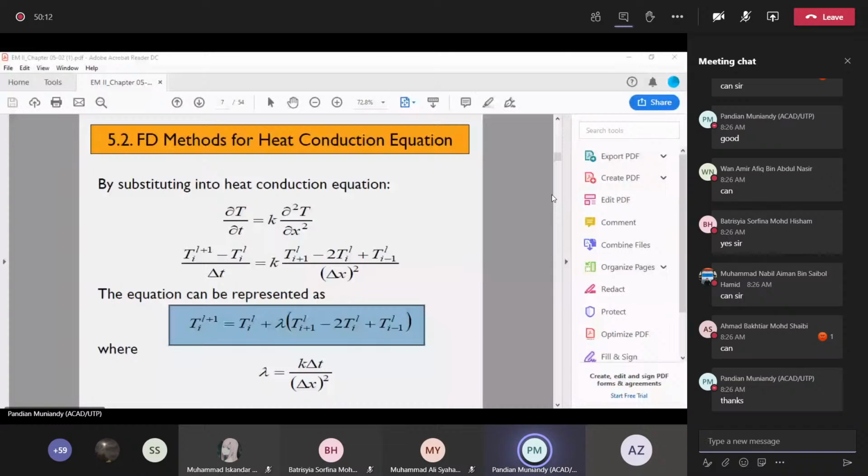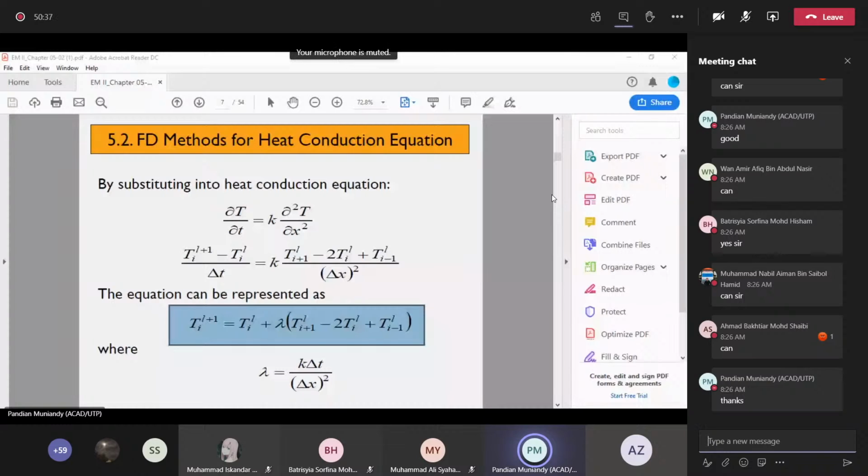So this equation looks nice, very elegant, like a well-written form. Or if you don't like lambda, then you put K del T over del X squared. Doesn't matter. So the lambda value will not be given. You have to calculate.